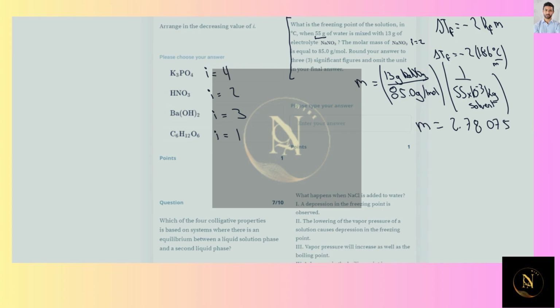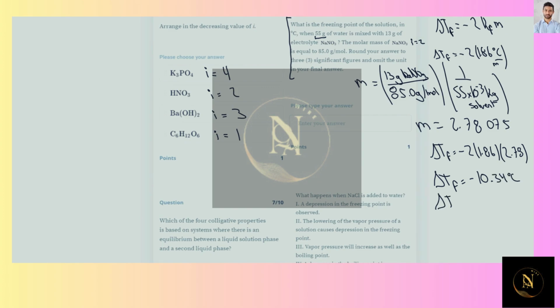2.78075. So after doing the operation of delta Tf, which is minus 2 times 1.86 times 2.78, we're going to get minus 10.34 degrees Celsius.